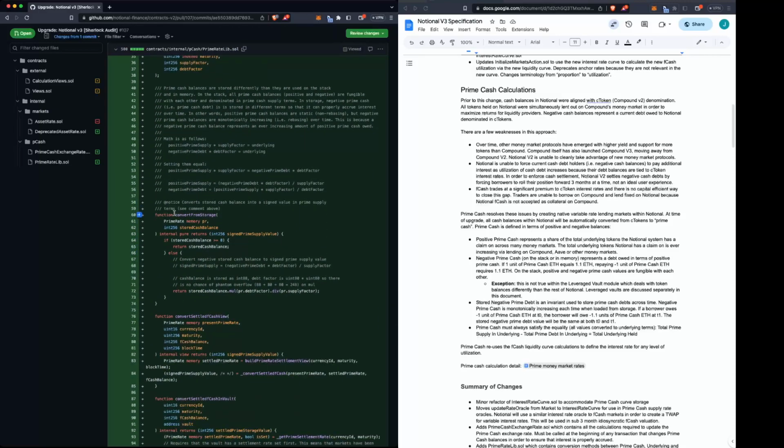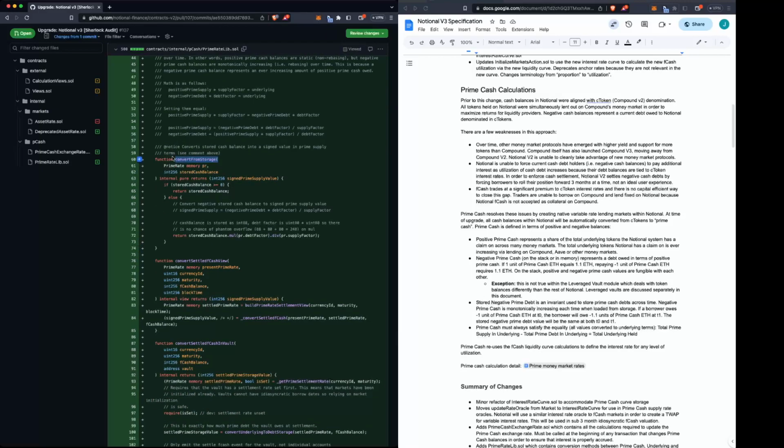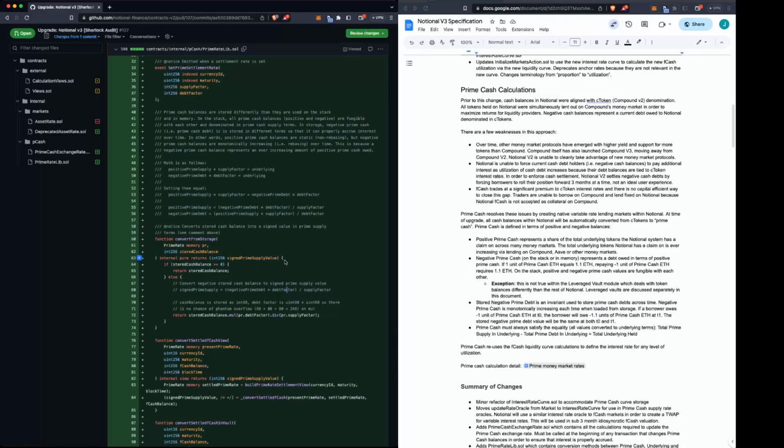So this exposes a number of different conversion functions where you can convert the prime rate to the stored cash balance value. As I mentioned before, positive prime supply and negative prime debt are different denominations in storage.